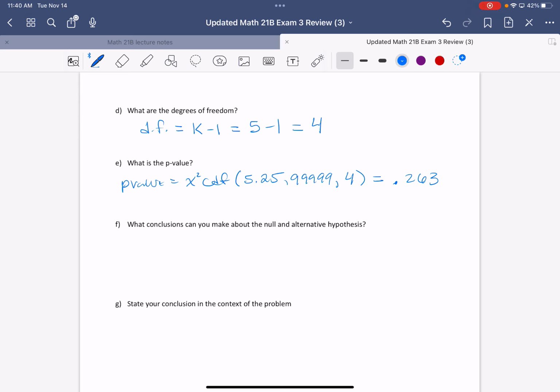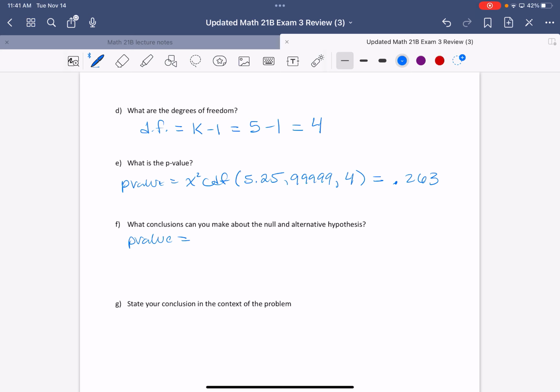Then we could make our conclusions. Or does anyone need help getting that p-value? Rounding to 3 decimal places. Okay, 0.263. Correct, yes.